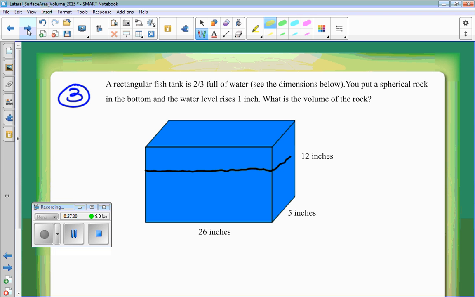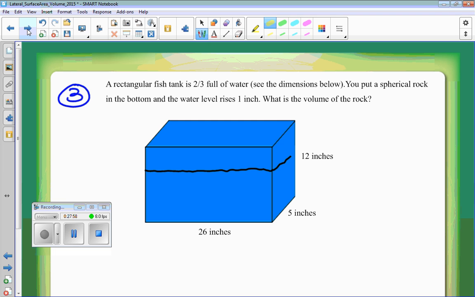The total volume of what? The tank? Okay, so I want to find the volume of the water before I put the rock in. And then could I find the new volume after I put the rock in? So maybe find the volume of the tank before the rock, the volume of the tank after the rock, and then subtract them. Would that work?